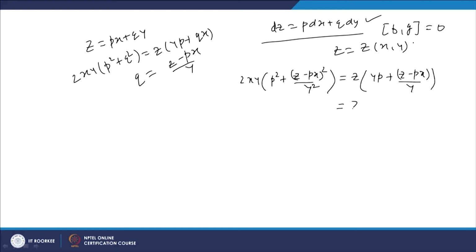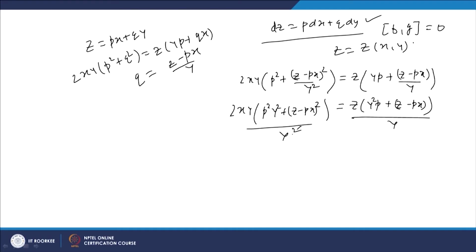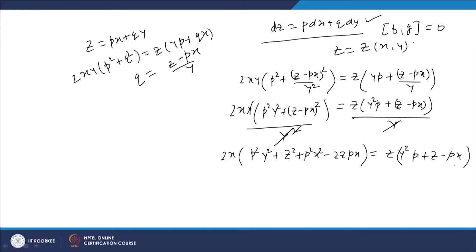Now we can write 2 x y, it is p square y square plus (z minus p x) whole square, over y square, equal to z times (y square p plus z minus p x) over y. Now y cancels here and here. So we can simplify further: 2 x, now inside it is p square y square plus z square plus p square x square minus 2 z p x, equal to z y square p plus z minus p x. It is given by this.